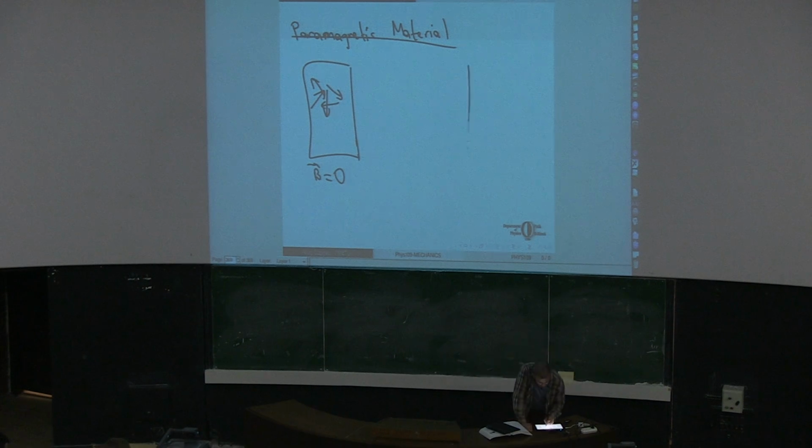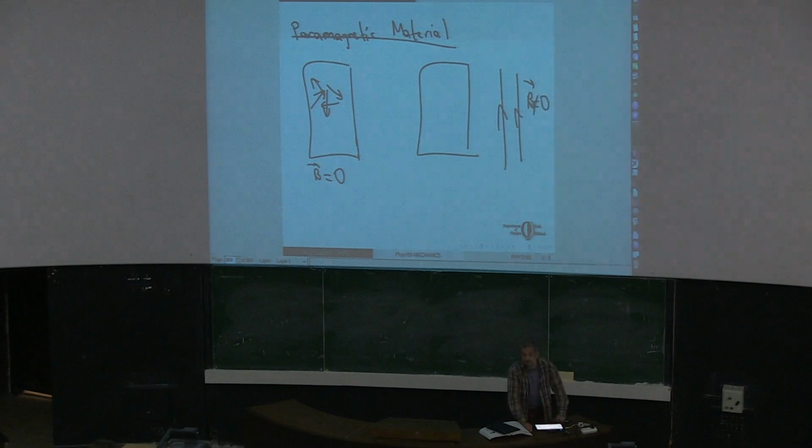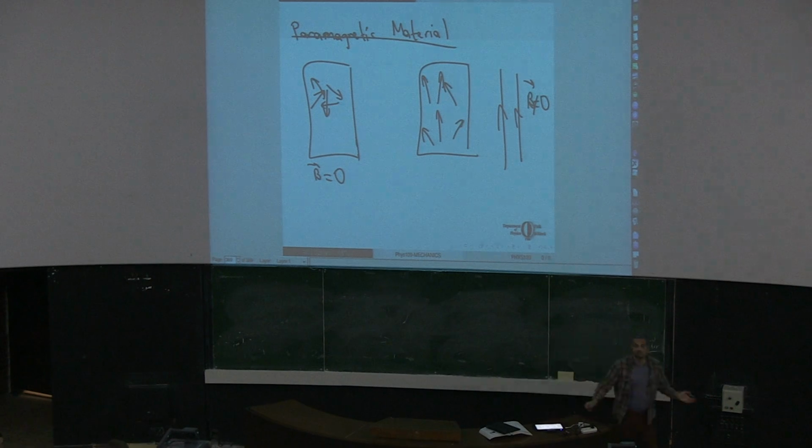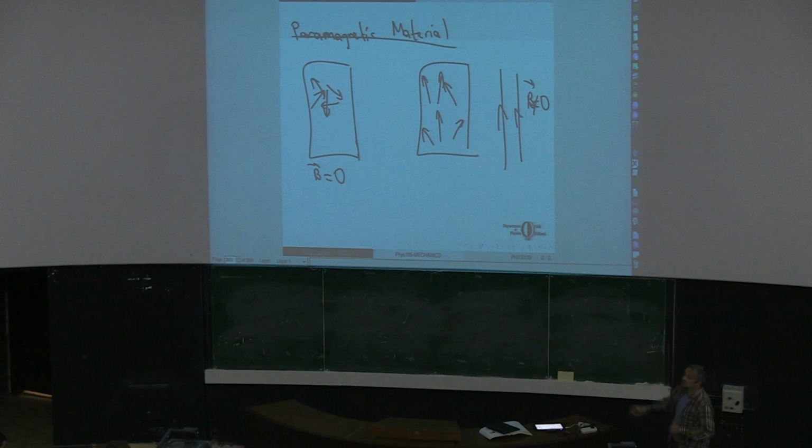So if you take the same material and put it in a region where you have a non-zero magnetic field, it will try to align these dipoles. The dipoles will be mainly distributed something like this. They can still be somewhat random, but they will have a tendency to rotate in the same direction as the magnetic field itself.